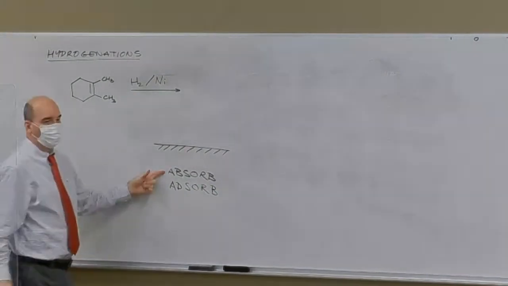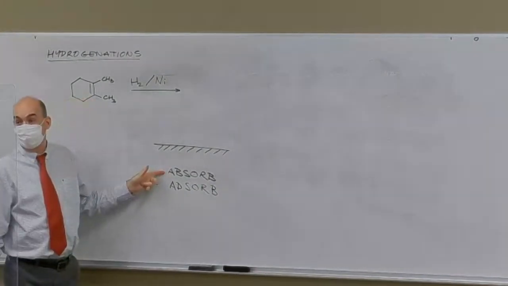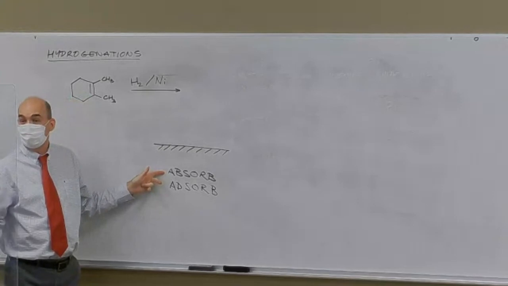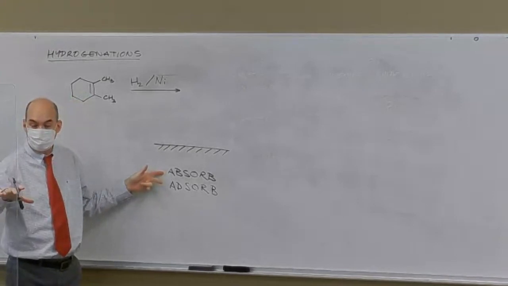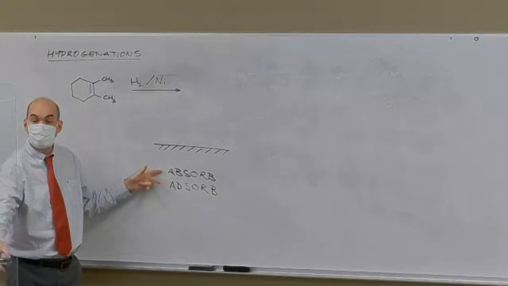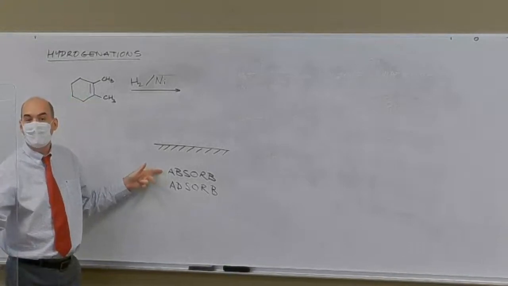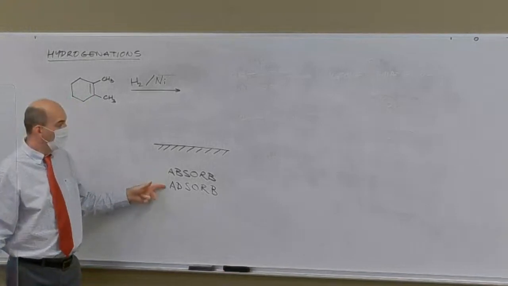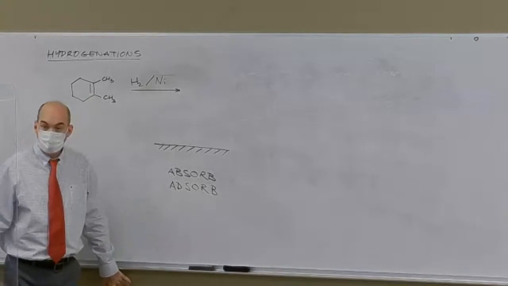To absorb is like being a sponge, where you have some water spilled and the sponge absorbs the water into the interior of the material. Conversely, these walls have paint on them.